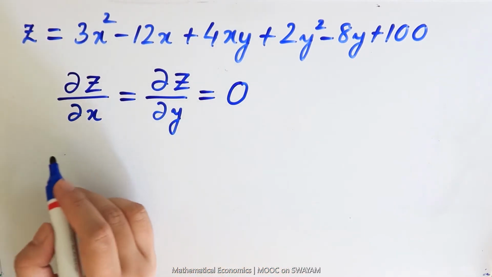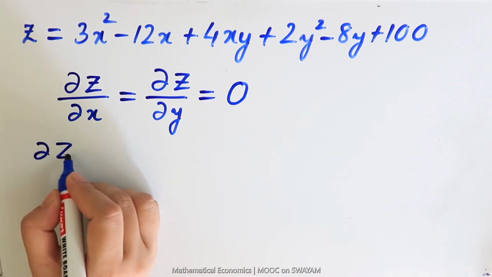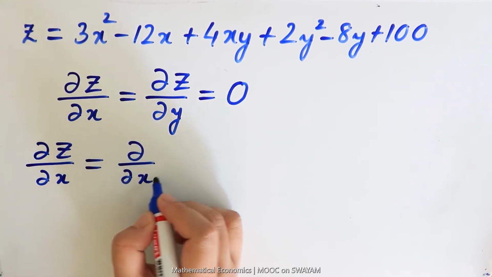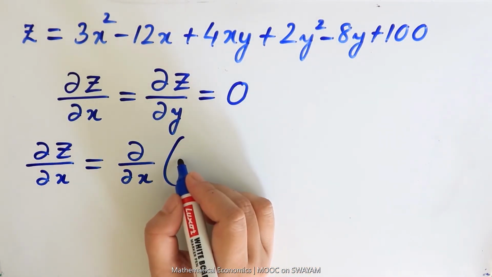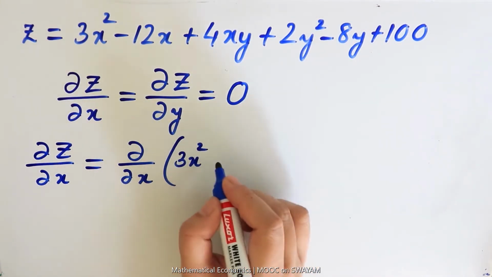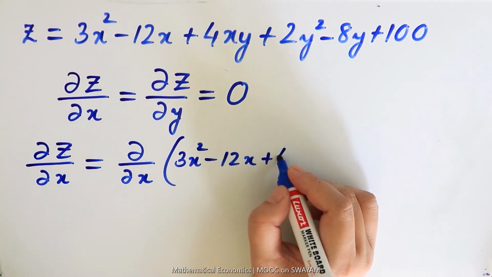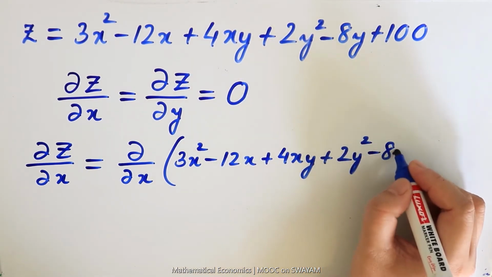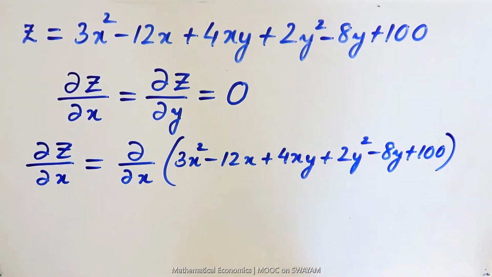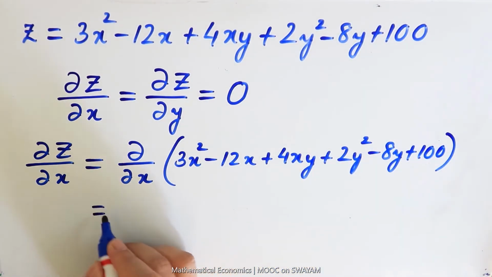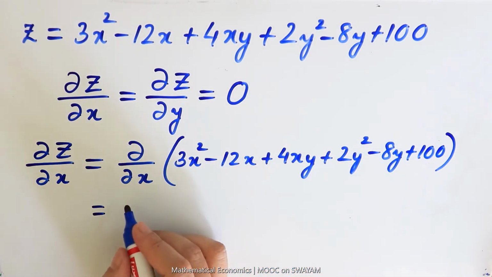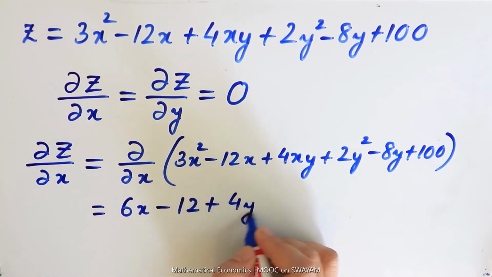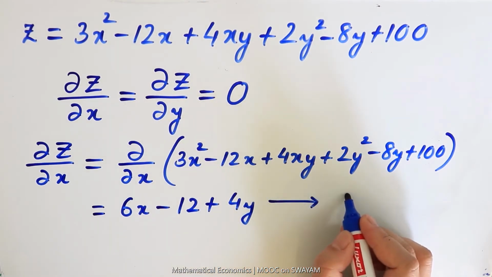And after differentiating, suppose partial derivative of z with respect to x, we replace the value of z with the equation 3x square minus 12x plus 4xy plus 2y square minus 8y plus 100. So after partially differentiating this equation, we will be left with 6x minus 12 plus 4y. Suppose we mark this as equation 1.